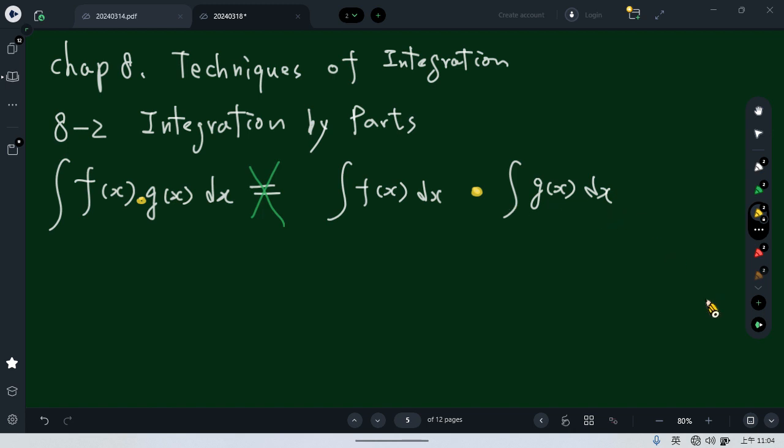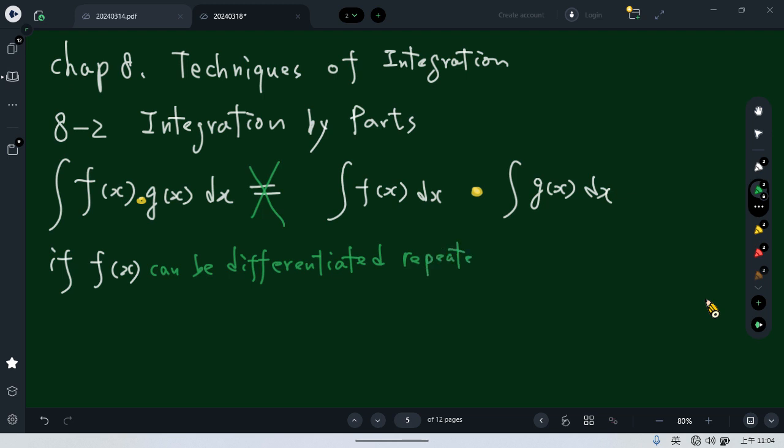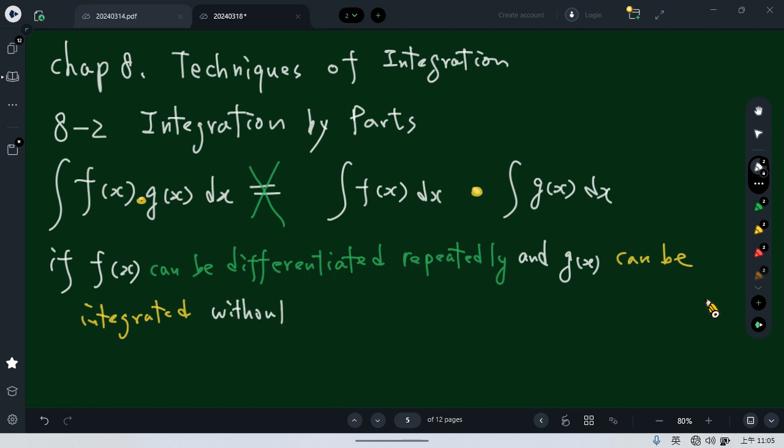So if you face this problem, and if f of x can be differentiated repeatedly, and g of x can be integrated without difficulty, then you should try to think about integration by parts.